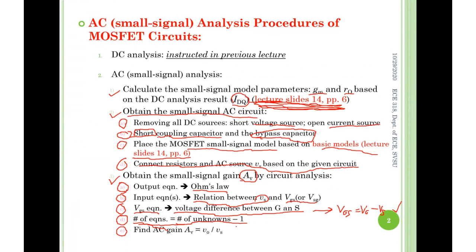You can only find the gain between them, the ratio between two unknowns, V naught and Vs. So if you find V naught equals something, or you somehow obtain a V naught value, unfortunately you're wrong.